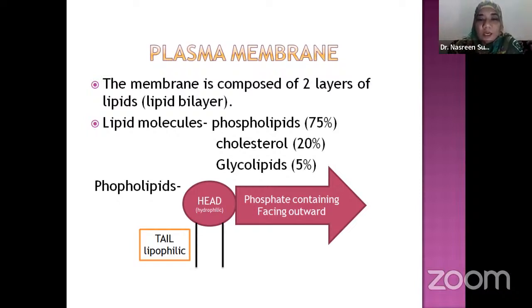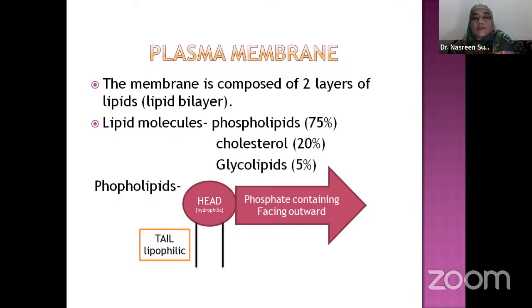The head will be hydrophilic in nature. Hydrophilic means it is a water loving group. So it is water soluble, and this head will be attached to phosphate. It is a phosphate containing group, and this head will be facing outwards.